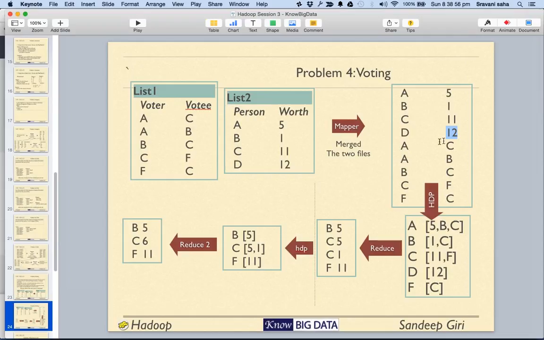So if both files, list 1 and list 2, exist in multiple places, imagine this exists on data node 1, and this exists on data node 2. What will happen on data node 1?